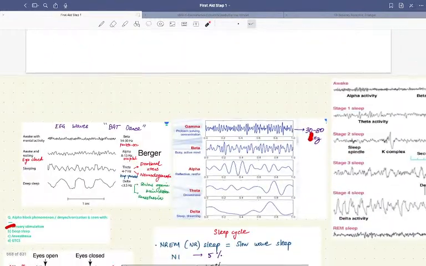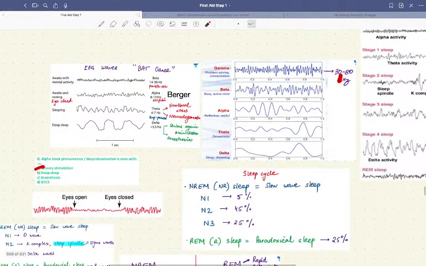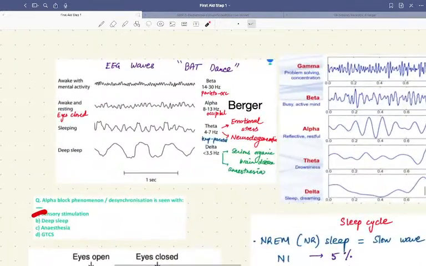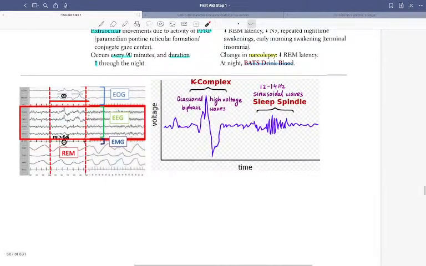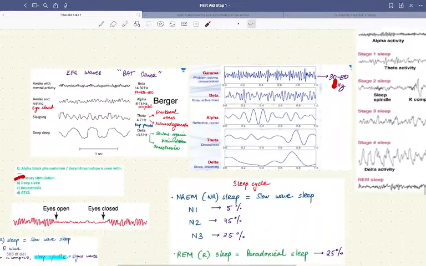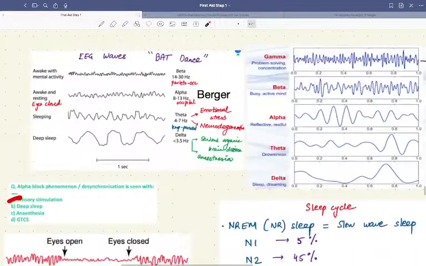I just put all the stuff here itself. We'll just take this. Beta is basically high frequency, low amplitude. This is more important.